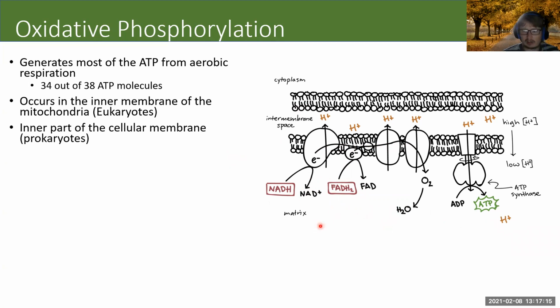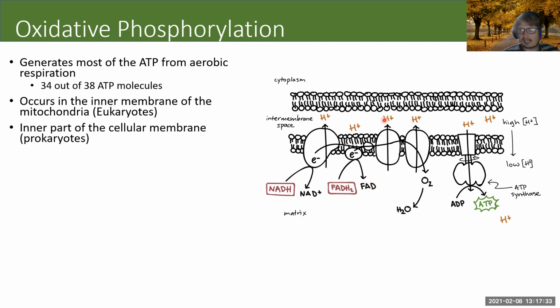So there are hydrogen protons in the space between the membranes, this space in here, and it will move them against their concentration gradient. So remember, diffusion, passive, goes from high to low.